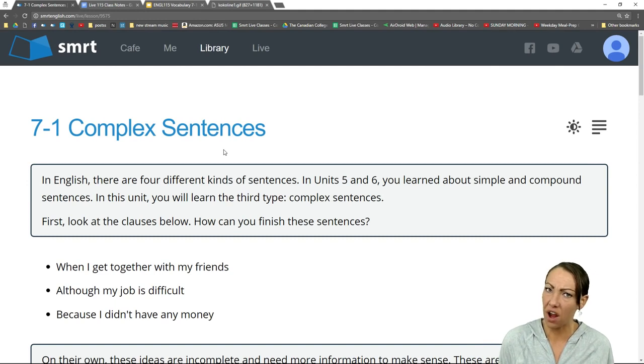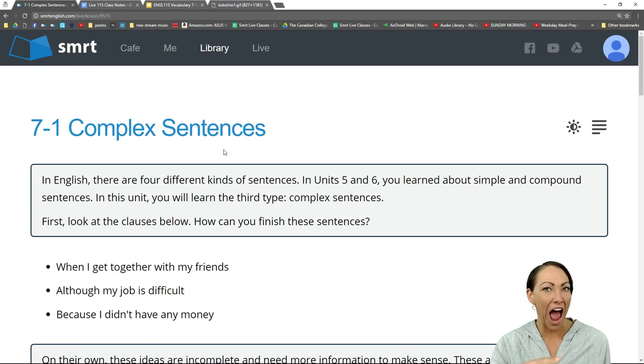When you get together with your friends, what happens or what do you do? That's not a sentence because it's not a complete idea. There's still more that I need to know in order for the sentence to be finished or really to make sense.